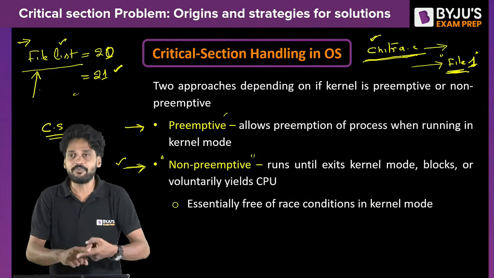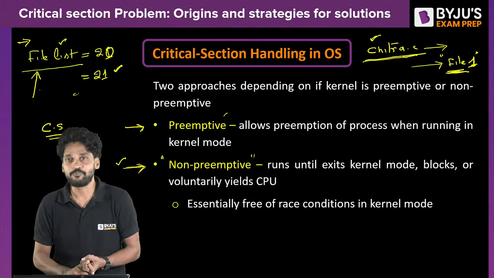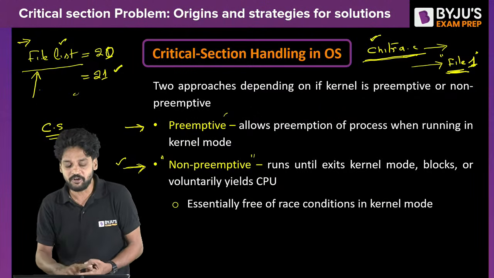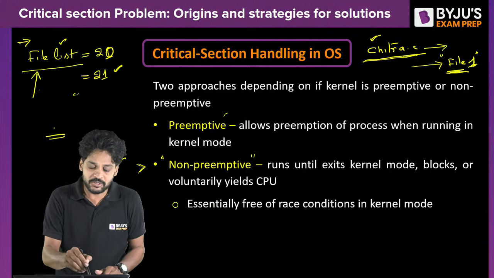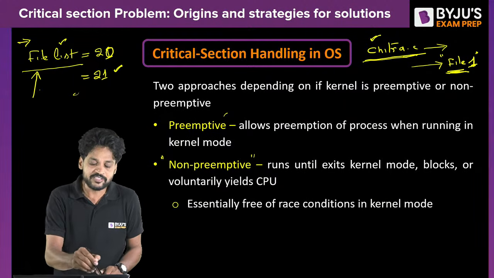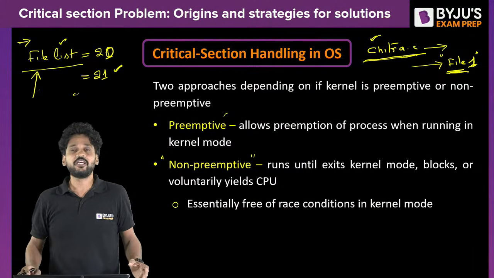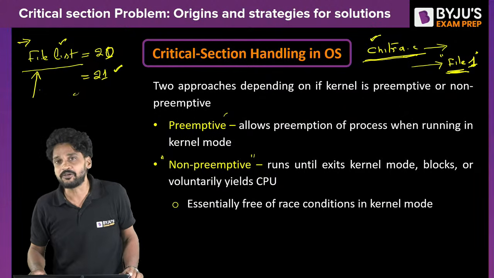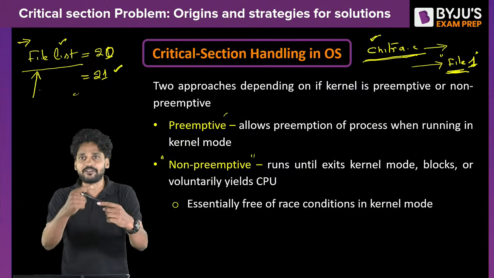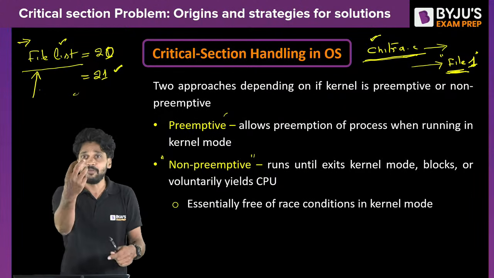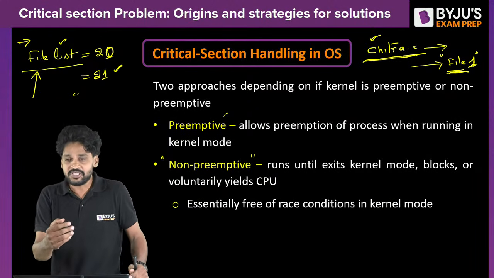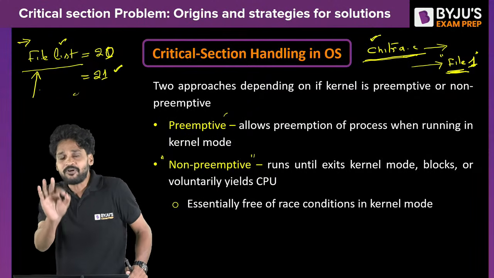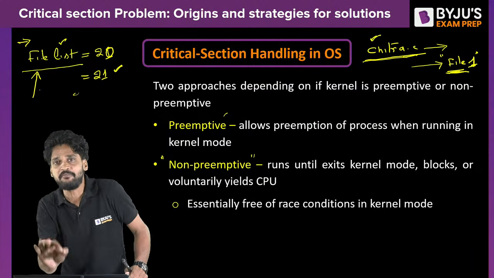Let me tell you the biggest disadvantage of the non-preemptive kernel. One process enters into the kernel mode and it is executing too many services. The process is not leaving the kernel at all. If the process doesn't come back to the user mode, the process cannot be preempted at all. In the non-preemptive kernel, when a process enters into the kernel mode, it can never be interrupted or preempted.